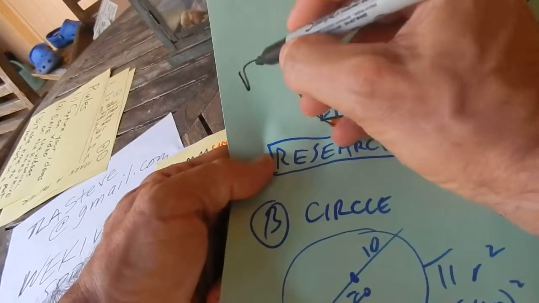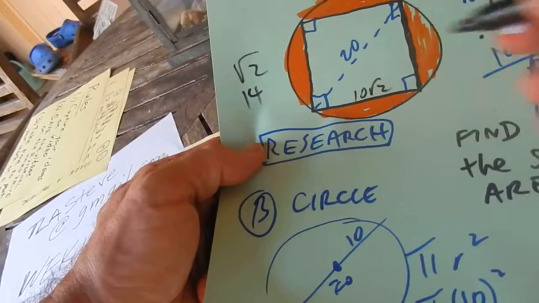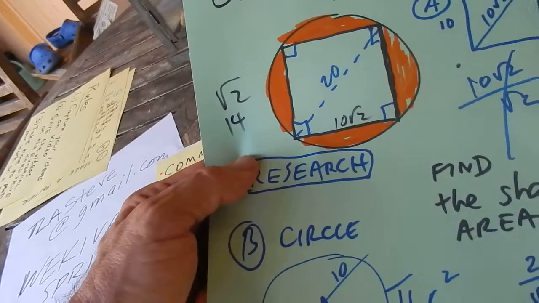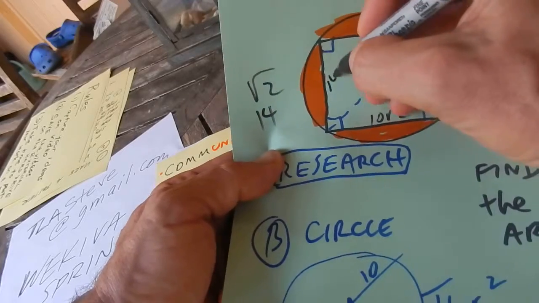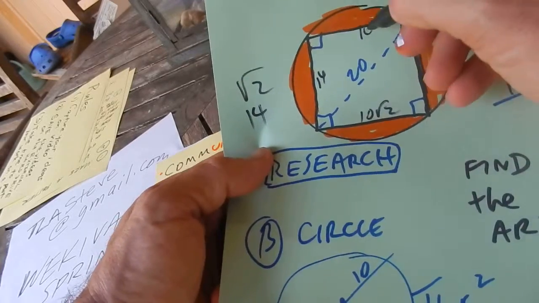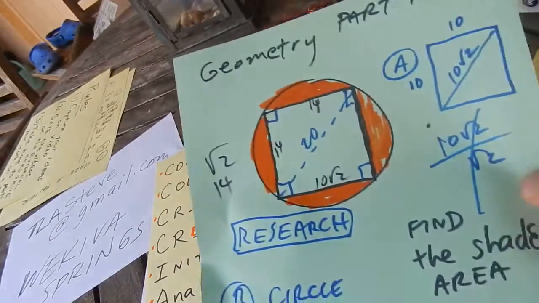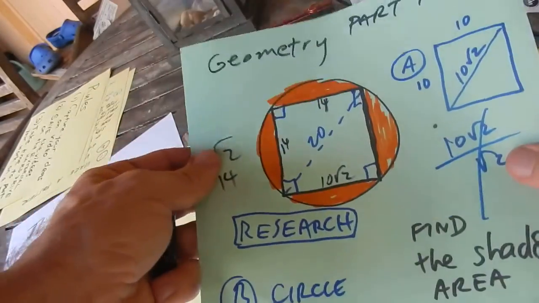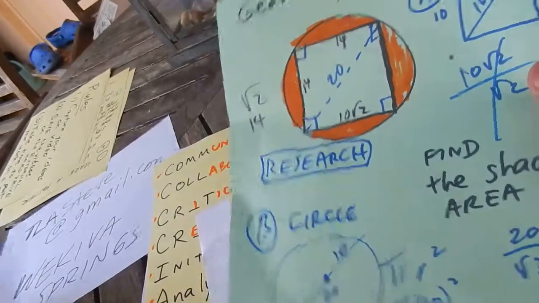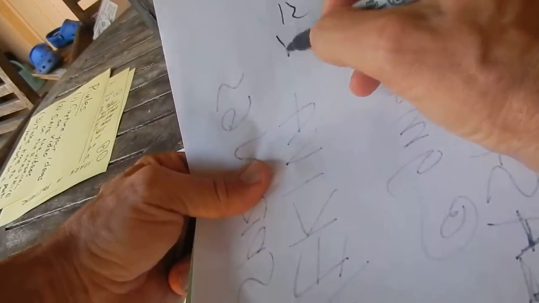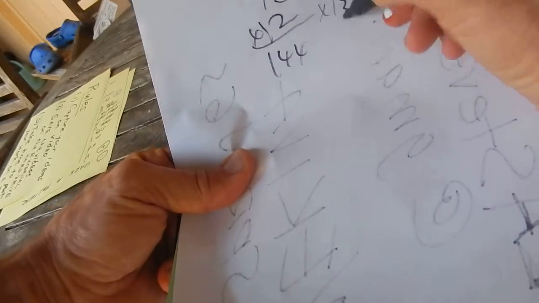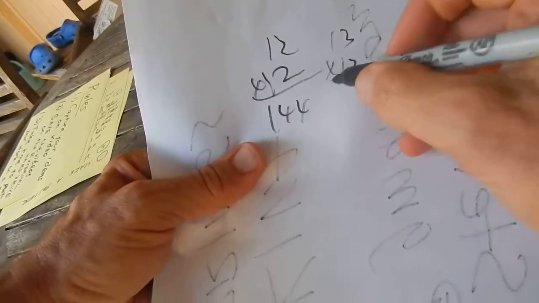Now, some of you may remember that root 2 is about 1.4, so this is about 14 times 14. Anybody remember your squares? What's 12 times 12? I'm listening. Yeah, 12 times 12 is 144. 13 times 13 is 169.